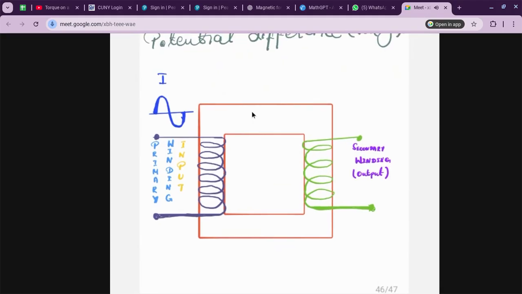What will happen if the magnetic field is changed? The current changes the magnetic field. But what if the magnetic field is changed? What will happen in the primary coil and in the secondary coil as well?